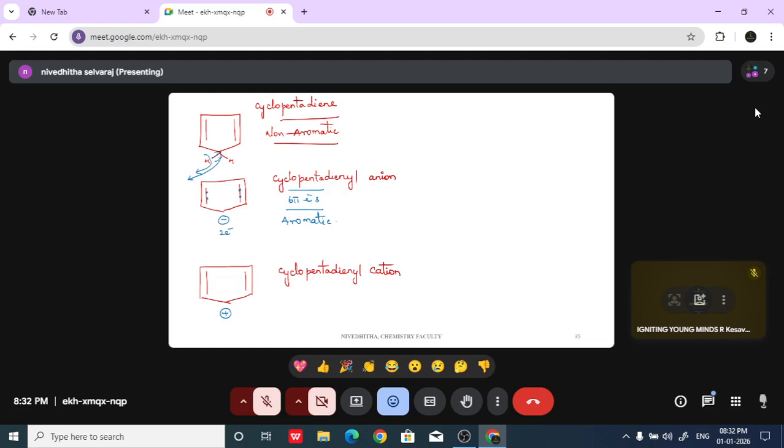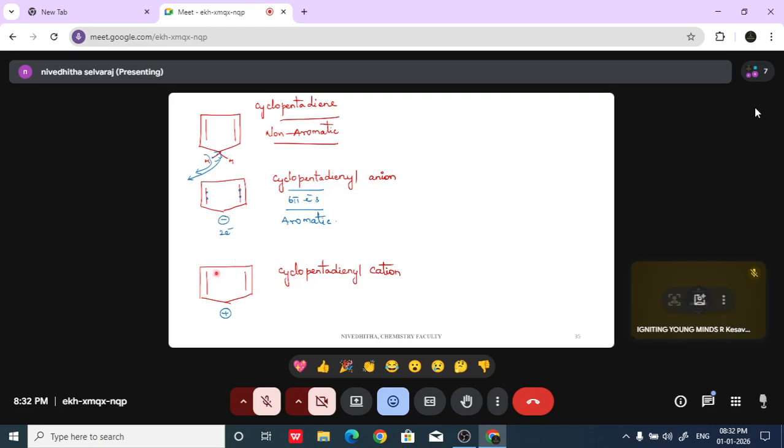Now we have to find whether the compound is planar. To find that, we have to find the hybridization of each carbon. This is sp2, this is sp2, this is sp2. Here we have only single bonds, so this is not sp2, but here we have a positive charge. What I've told you: if we have a positive charge on any of these carbon atoms, then that is considered to be a planar molecule. So it is a planar one.